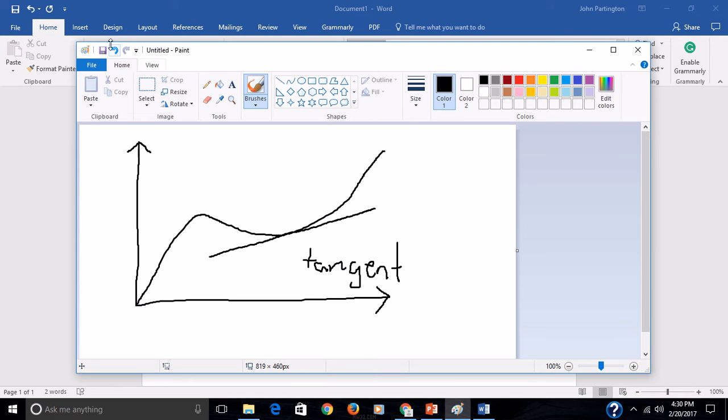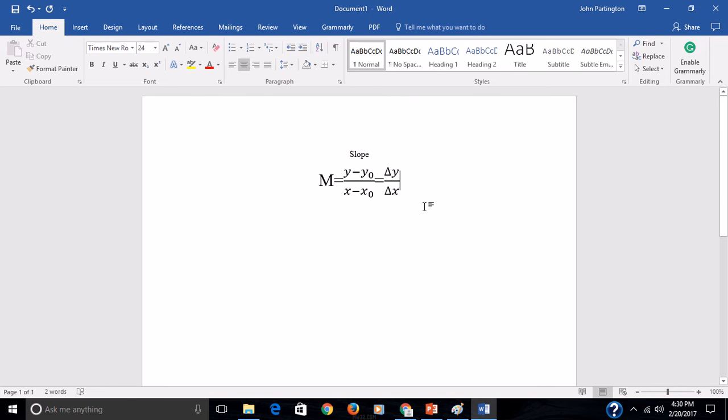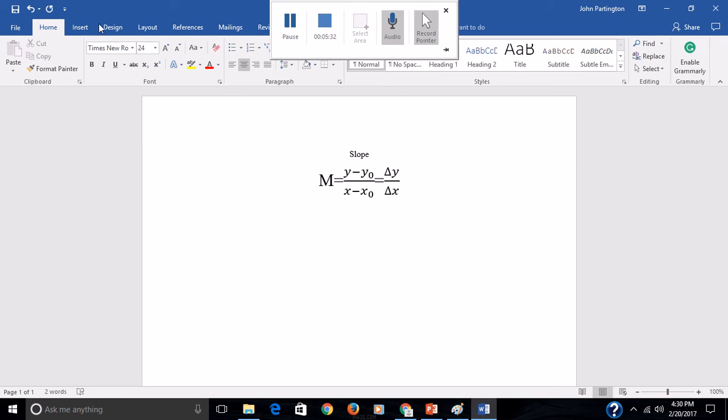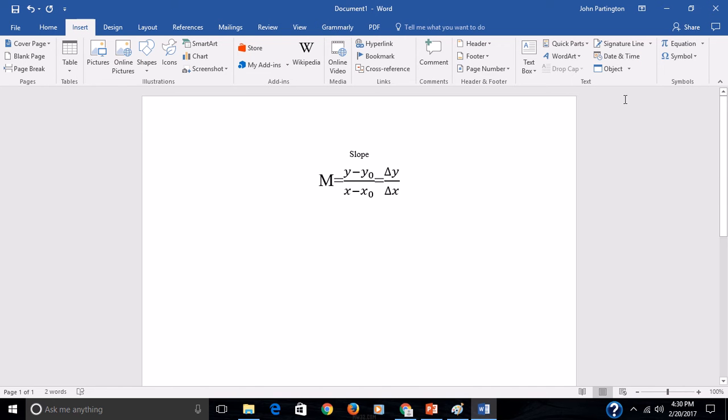Now, how can we move those points closer and closer together? Last lesson we talked about limits. What we want to do is take a limit.